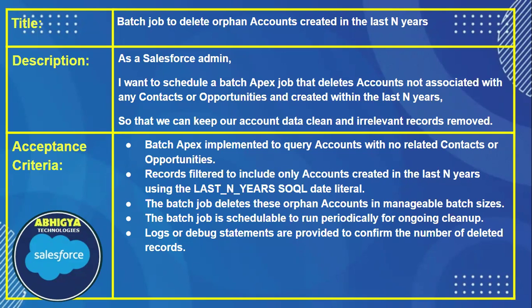Okay, so let's come here. First of all, for user-friendly purposes, we need to make it dynamic. Currently the client requirement is the last 2 years, but they might change it later to the last 3 years or last 5 years. So we can make the batch class dynamic. How are we going to implement that?